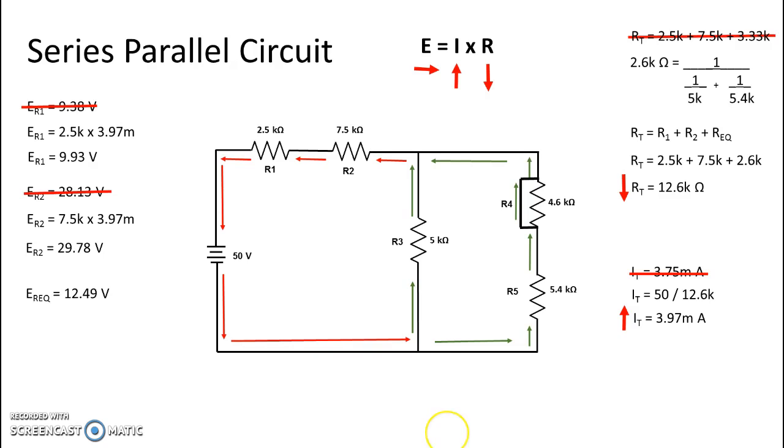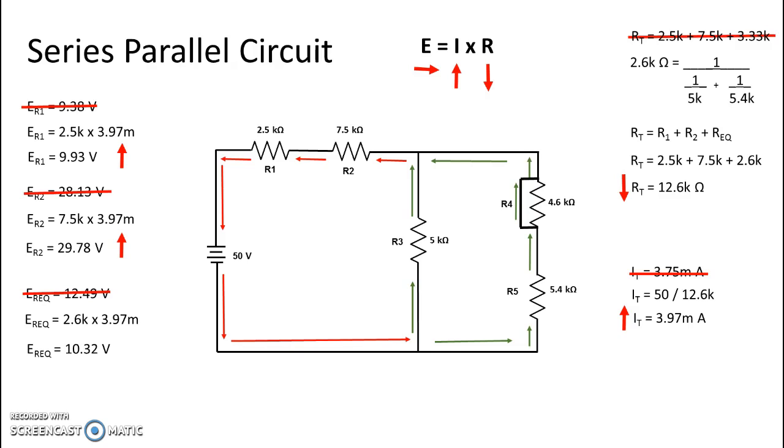Now REQ, we did originally have 3.33K out there. Now we have 2.6K out there. And so we are going to see a decrease in the voltage out on our parallel portion.